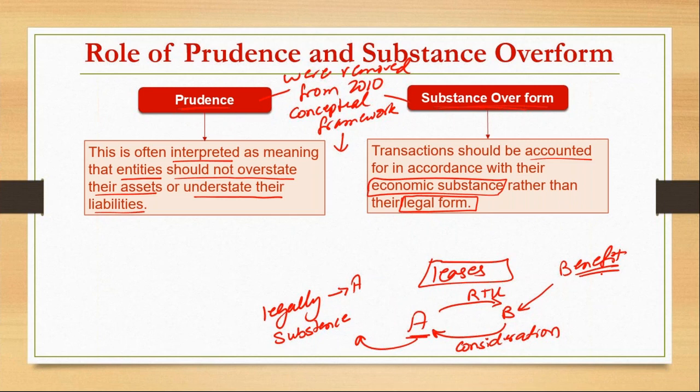According to the economic substance, A will gain the benefit from the rentals and the GRV and the UGRV, but it will not gain the benefit from the asset itself. So legally it belongs to A, but economic substance says that it does not belong to A. So this is why we de-recognize the asset from the financials of A in case of a finance lease. Yes, now the examiner can actually ask us the difference between 2010 and 2018 with respect to prudence or substance over form.